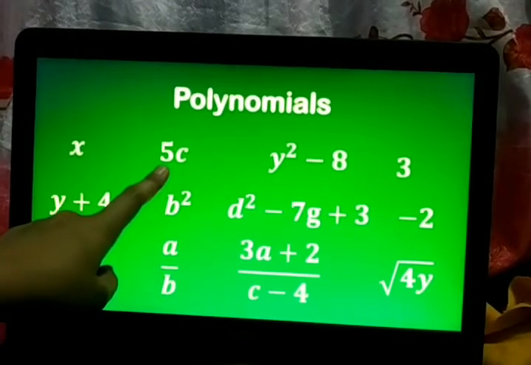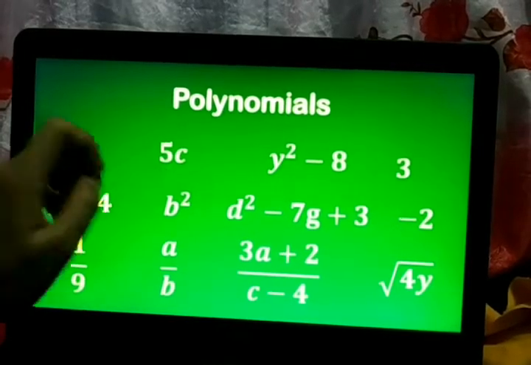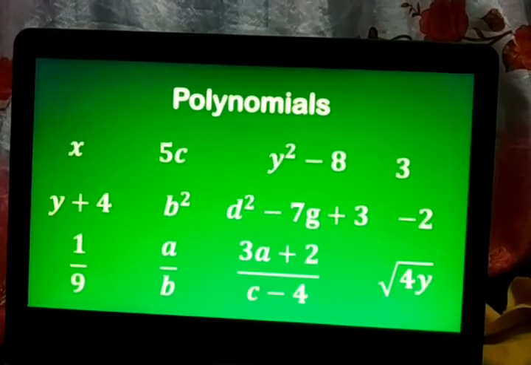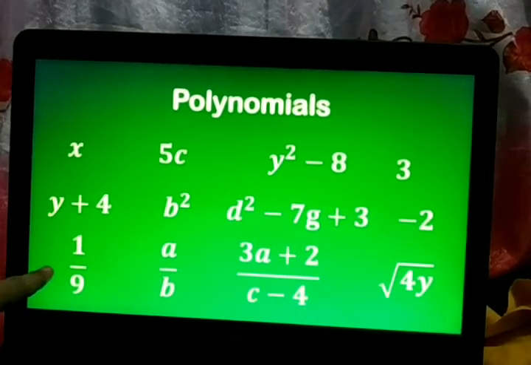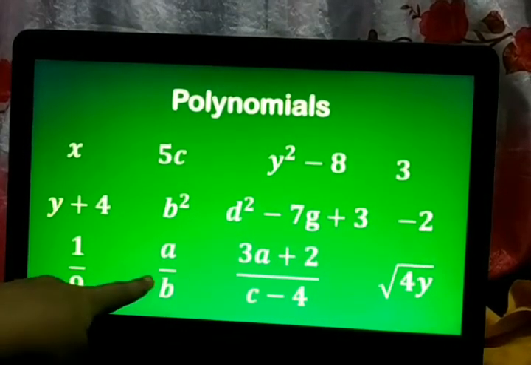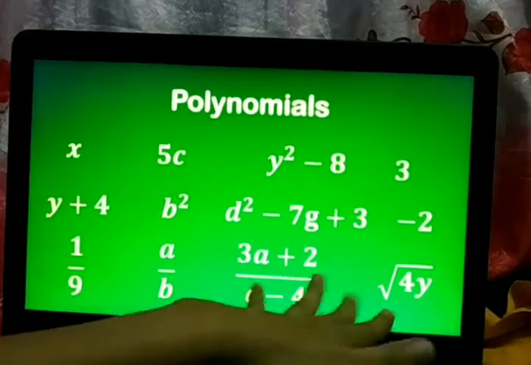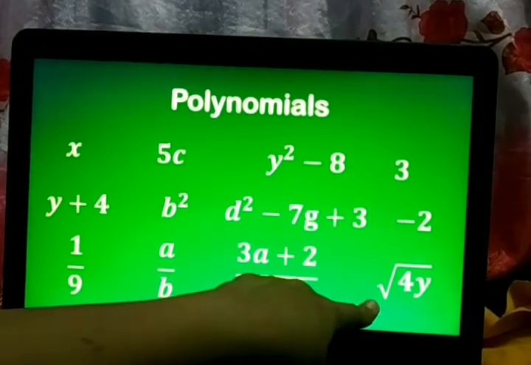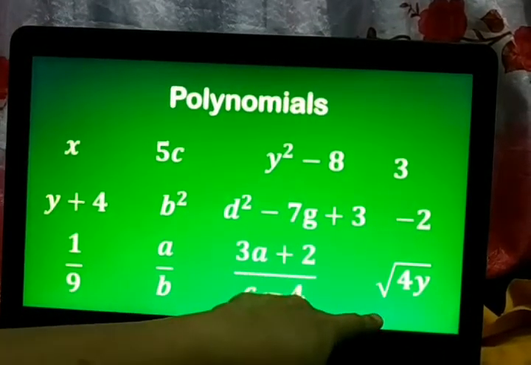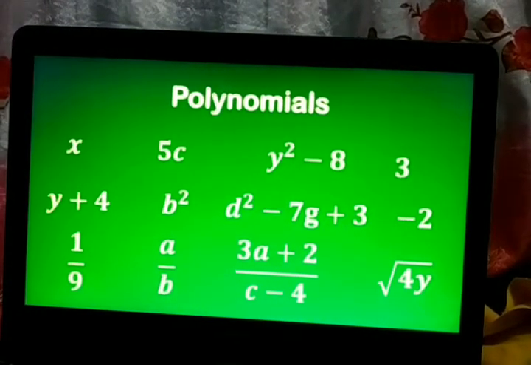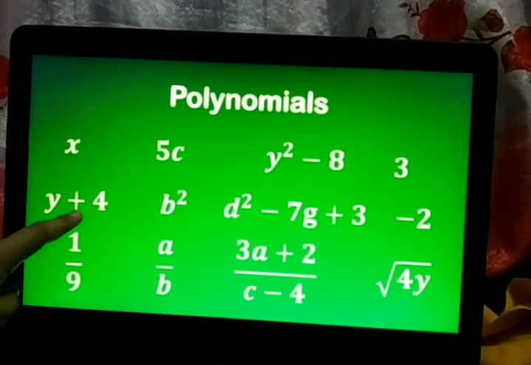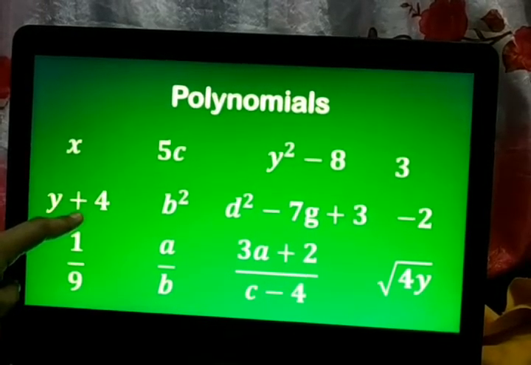Or it can be composed of one term, or monomial, or a fraction, one term. Also, your radicals, square root of 4y, or it can also be composed of two terms or binomials, y plus 4, separated by your operations plus and minus.